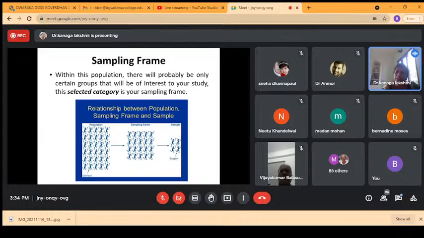This selected group is your sampling frame. Tamil Nadu tribals means the total Tamil Nadu population has to be included, or you analyze the different districts where they live. Then the sampling frame will be the different districts. The sampling population is the total Tamil Nadu population, and then coming to the different districts, you focus on whichever district you are going to study. That is the sampling frame.